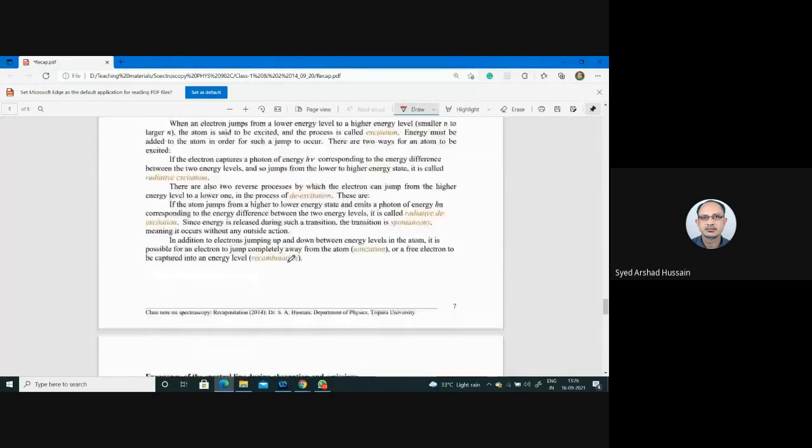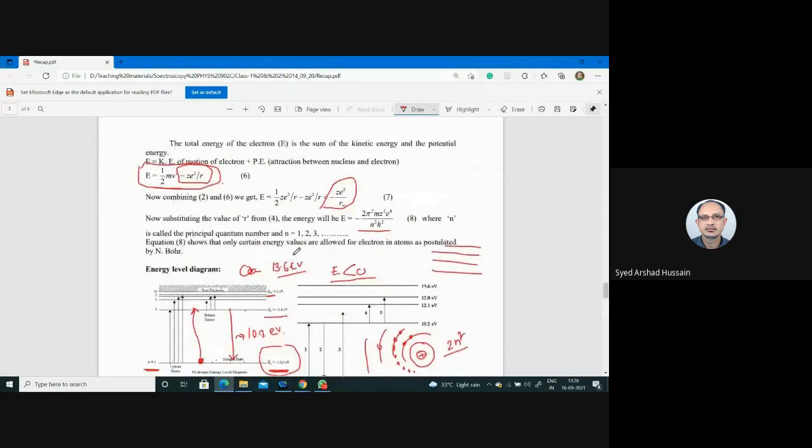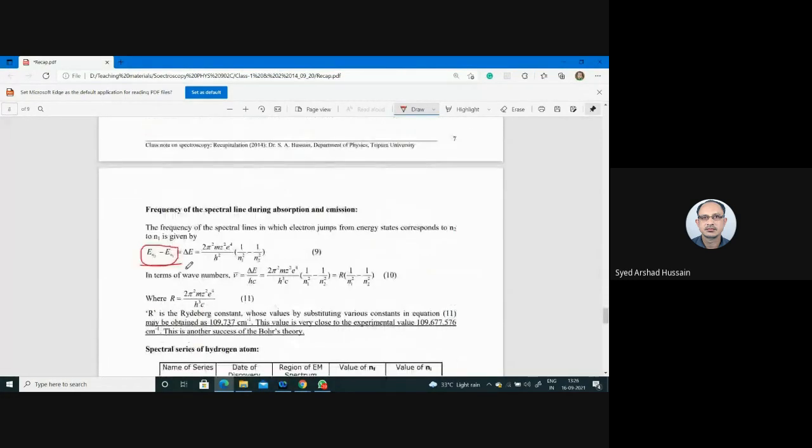If you put n equal to 1 and 2 here and compare, you will have an expression like this. And again we know that E is equal to h nu. So if you divide this energy delta E by h, you will have the value of the frequency.